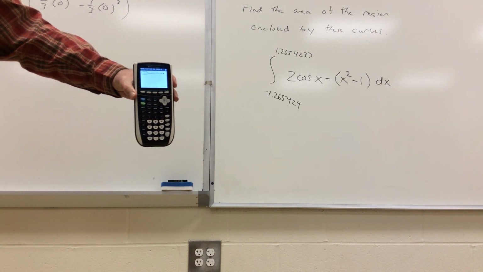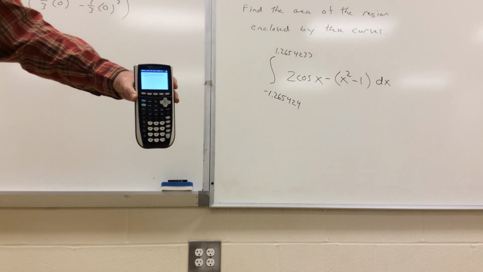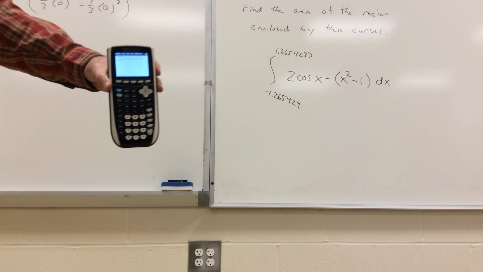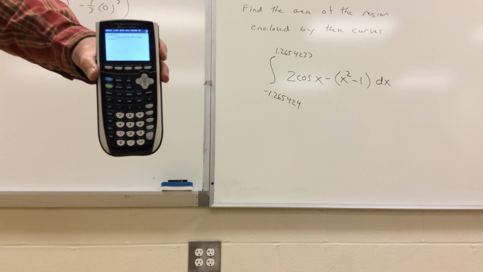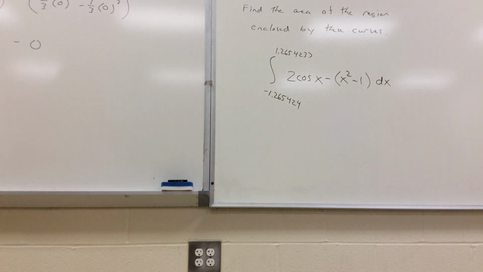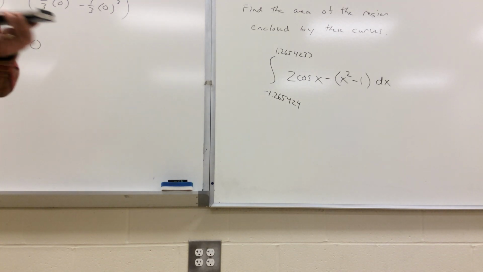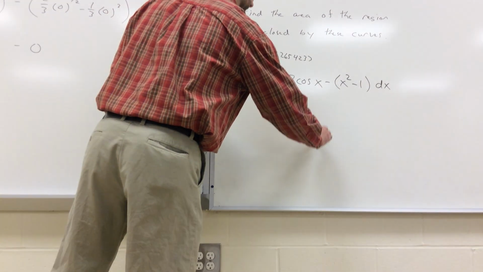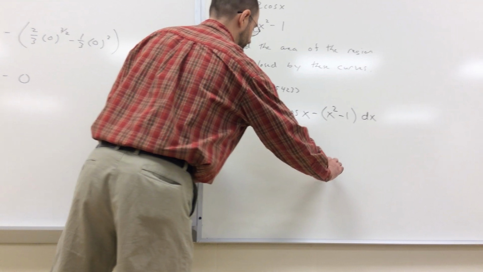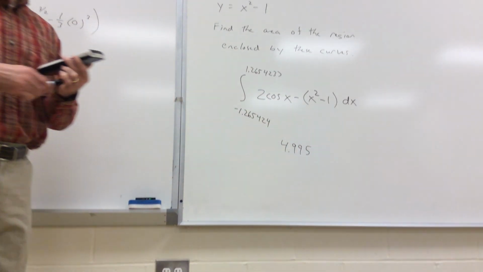Okay. So you get 4.995, rounded to 3 decimal places.